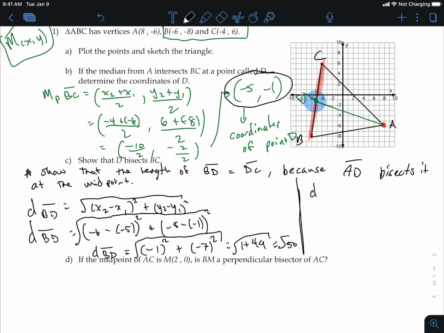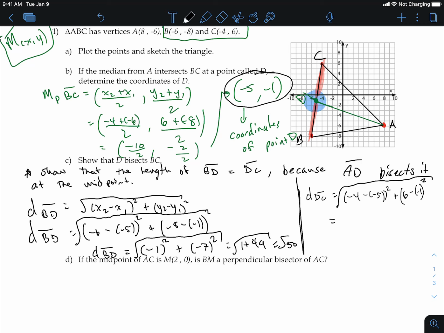The distance of DC is equal to -4 minus -5 squared plus -6 minus -1 squared, all square rooted.